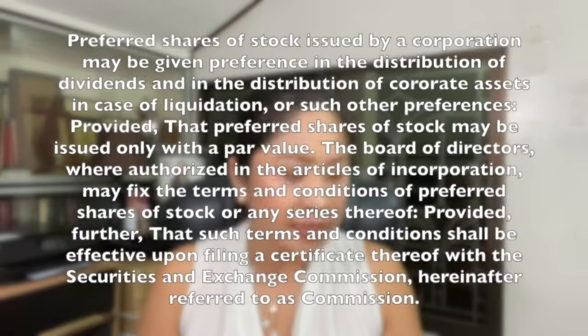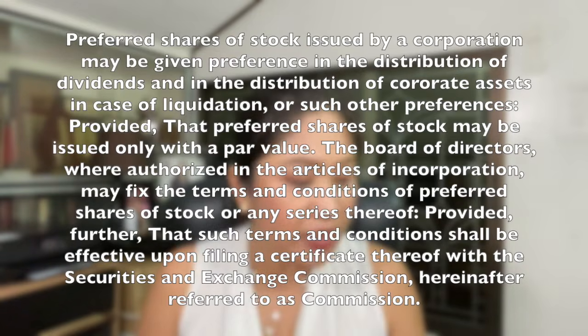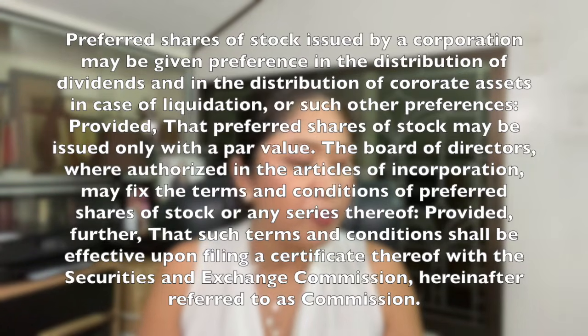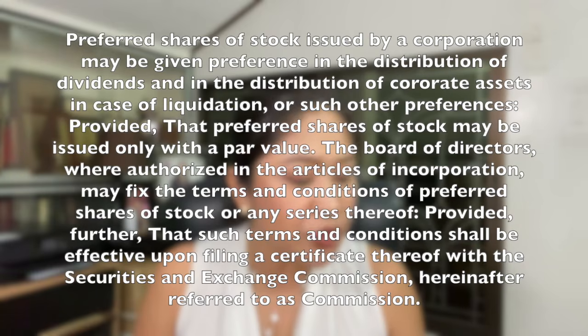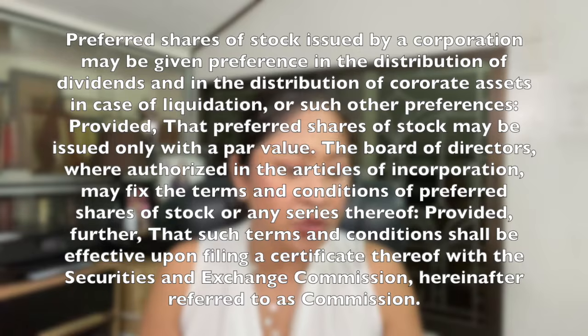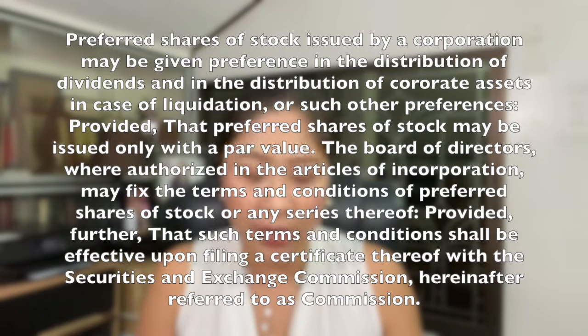Let's read the next paragraph. It says, preferred shares of stock issued by a corporation may be given preference in the distribution of dividends and in the distribution of corporate assets in case of liquidation or such other preferences, provided that preferred shares of stock may be issued only with a par value.